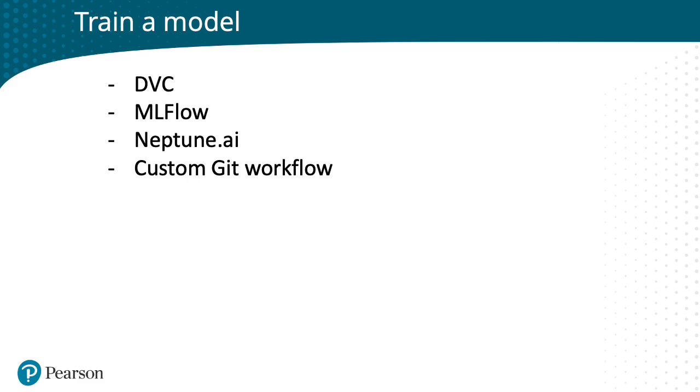And then you have Neptune AI, which is another tool that's really good for experiment tracking. Or you could go with a completely custom Git workflow. So if you have some maybe more secure data that you need to train models with, or you just need really fine granular control of how your experiments are tracked, maybe a custom Git workflow would be a good option there.